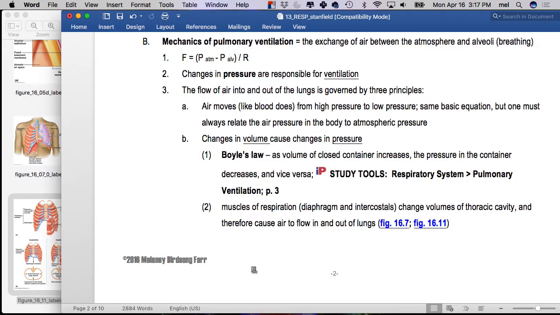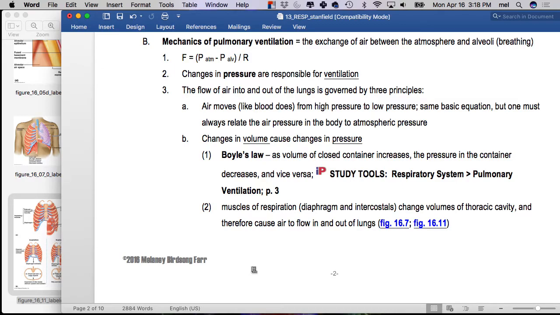Here, it's always going to compare the same two pressures to one another. It's going to compare atmospheric pressure, relatively constant, 760 millimeters of mercury, to alveolar pressure, which is the pressure inside your alveoli, right? And depending on which one of those is bigger, that determines the direction of flow. And the magnitude will determine the speed or the force of flow, right?